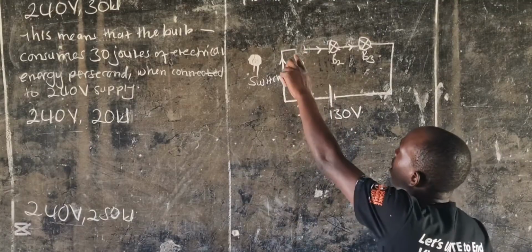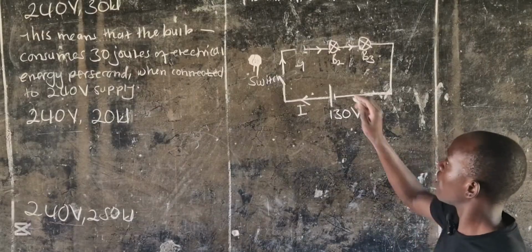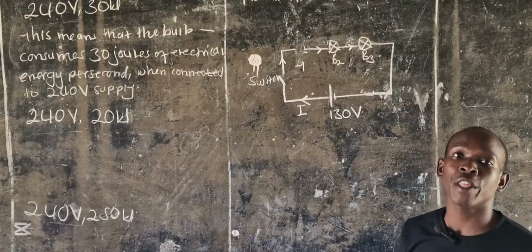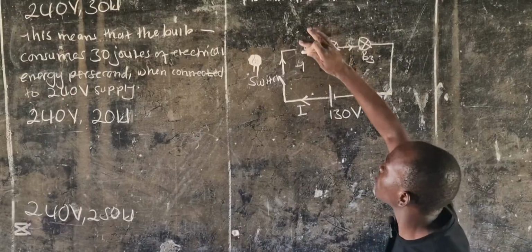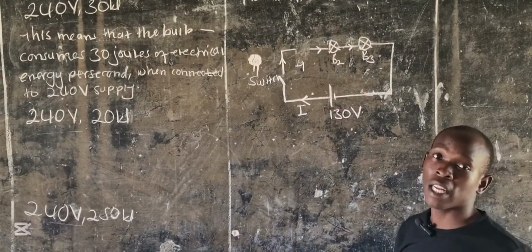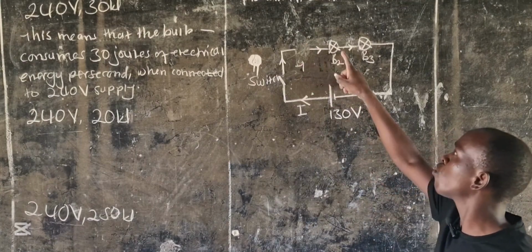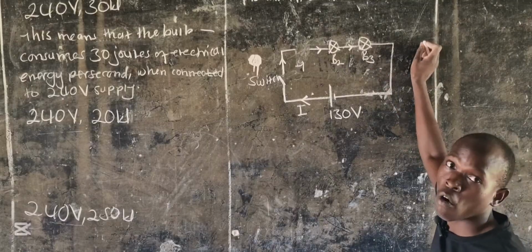That means these two bulbs will also go off because the current flow has been interrupted. It has got a cut here. That means there is no flow of current. And so if there is no flow of current, these bulbs will not receive anything, and so they will equally go off.